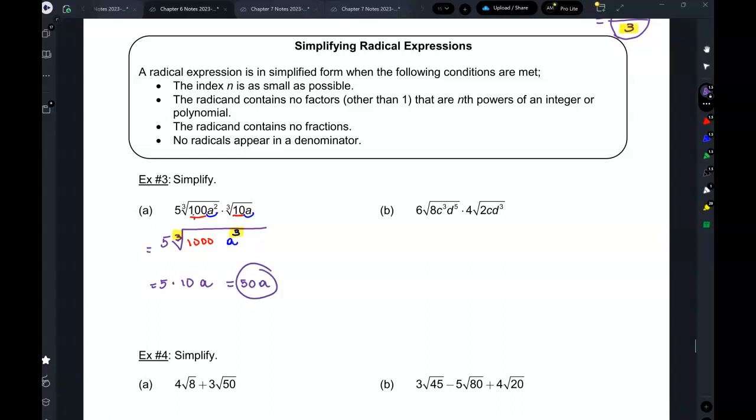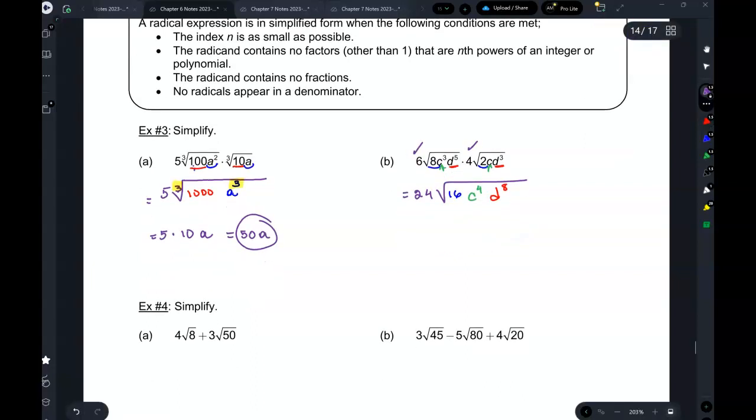This is just 5 times 10, 50 times a. Here, we're going to multiply the 6 and the 4. That gives me 24. Now, inside the square root, I have 8 times 2, c cubed times c. That's a total of c to the 4. d to the 5, d to the 3: 5 d's here, 3 d's there, 8 d's total.